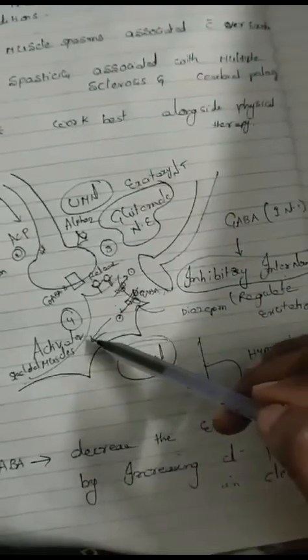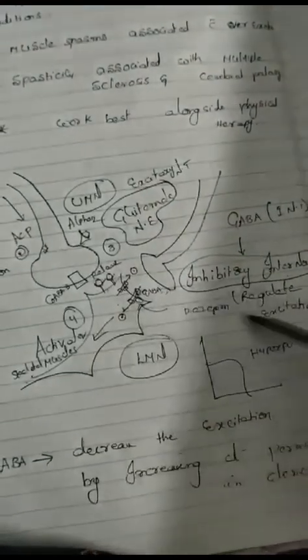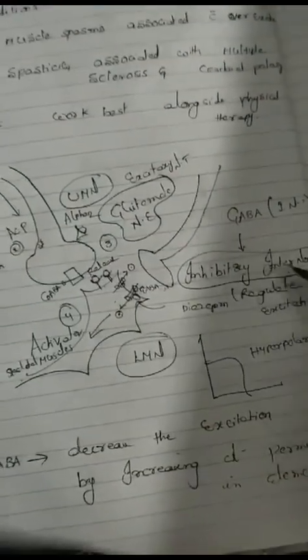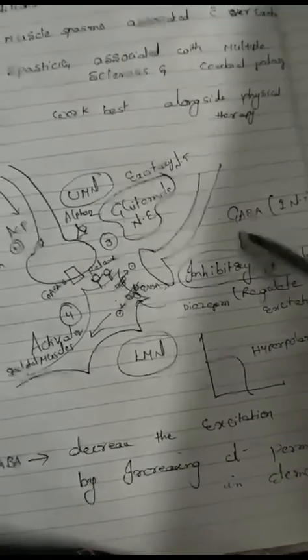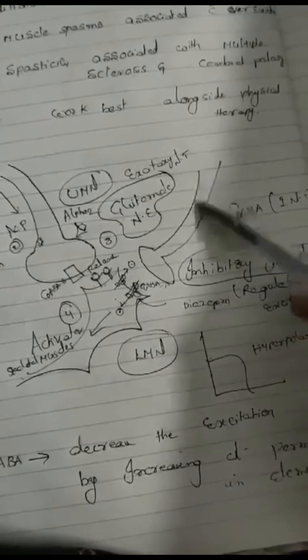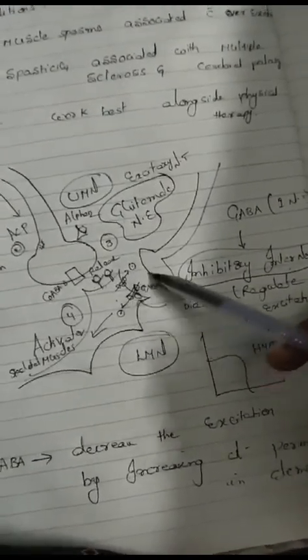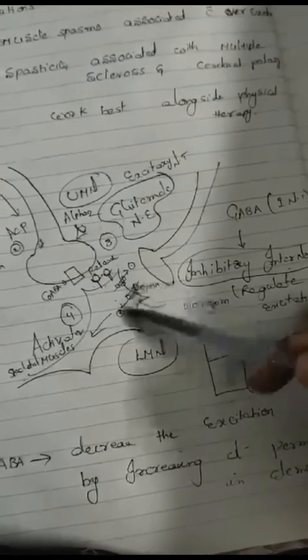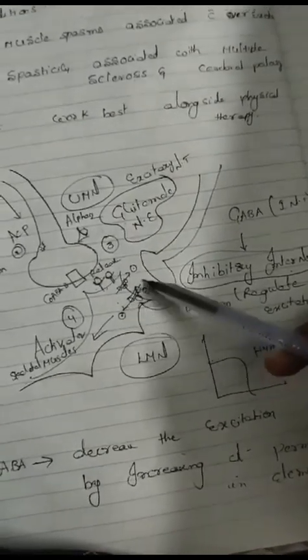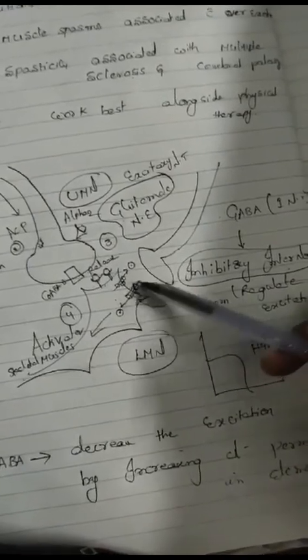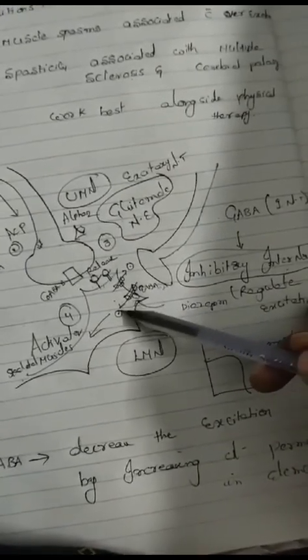So we need to regulate the excitement process by the inhibitory interneuron, which is the GABA neuron. The inhibitory interneuron releases GABA towards the lower motor neuron.